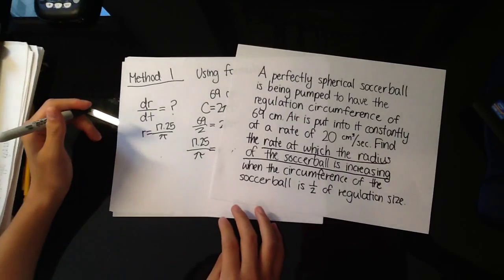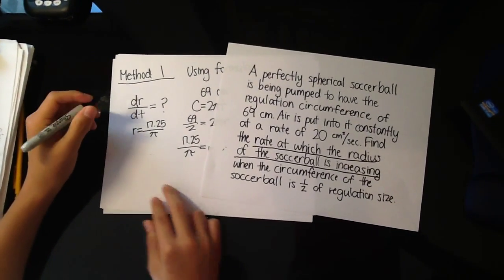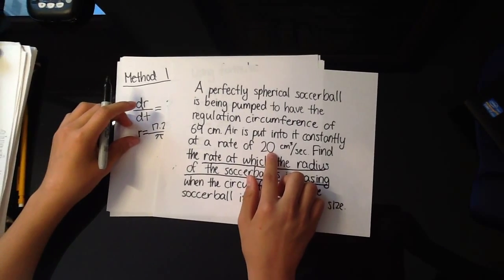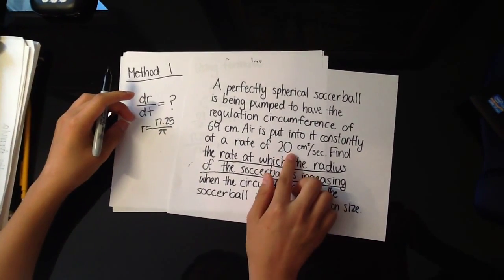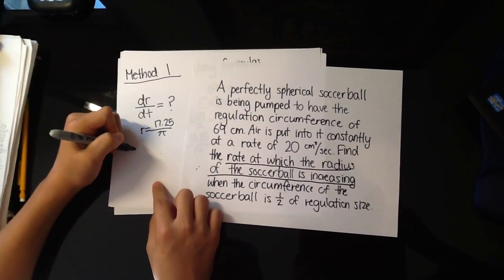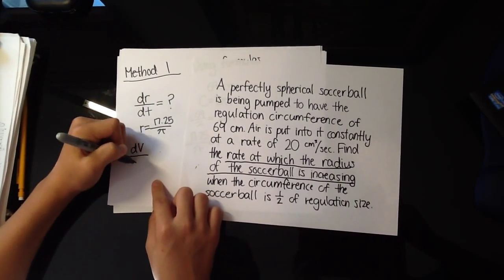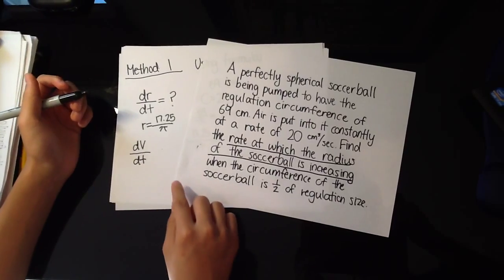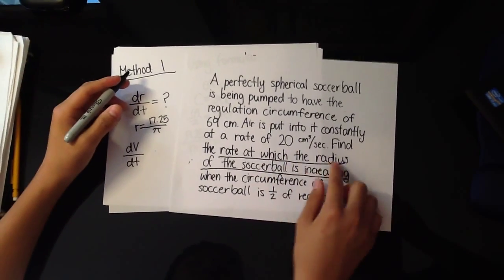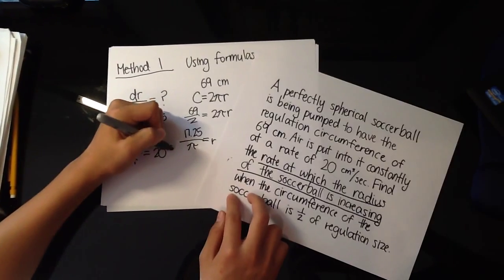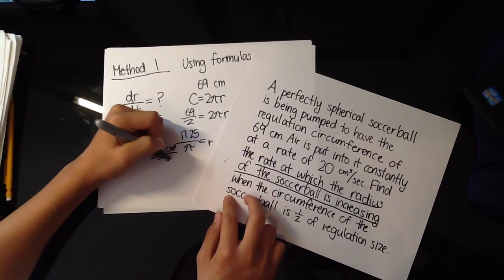So this is the rate at which it's being put in, that's going to be dV/dt, the volume over time. So we know dV/dt is 20 centimeters cubed per second.